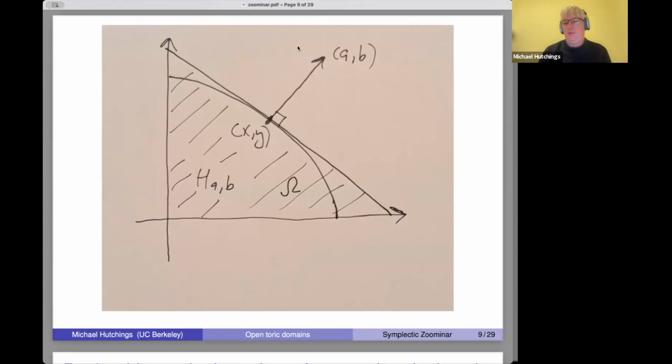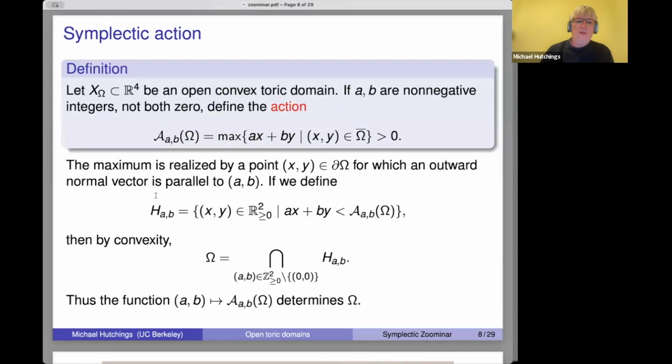You can just restrict to the case where it has rational slope. So if I define H_ab to be this half space, then Omega is the intersection over all pairs of non-negative integers, not both zero, of those half spaces. So if you want to determine the domain Omega, you just need to know these actions. I need to know specifically the function which assigns to each pair of non-negative integers a and b its action.